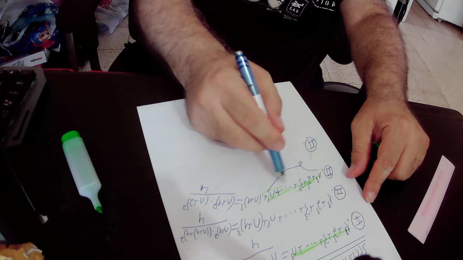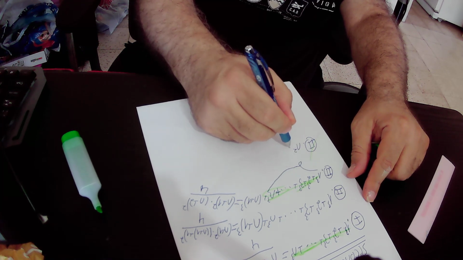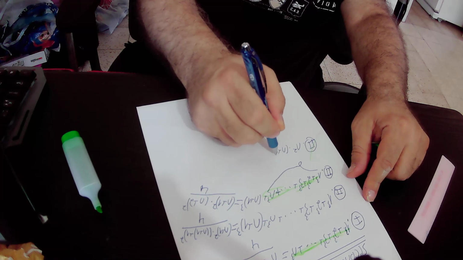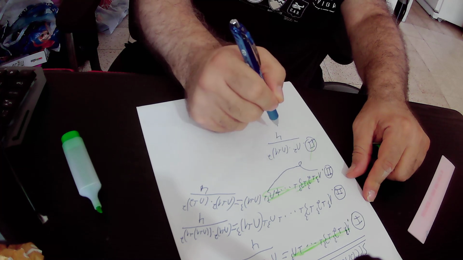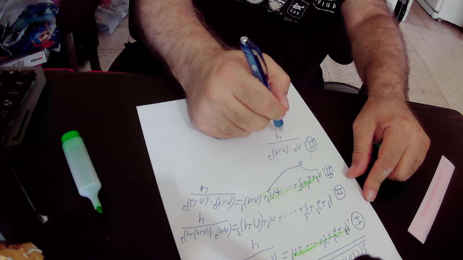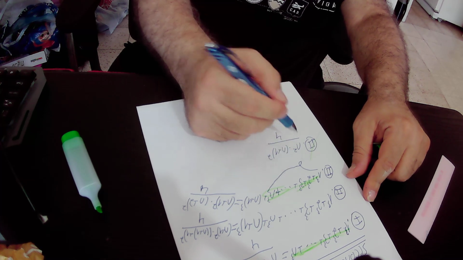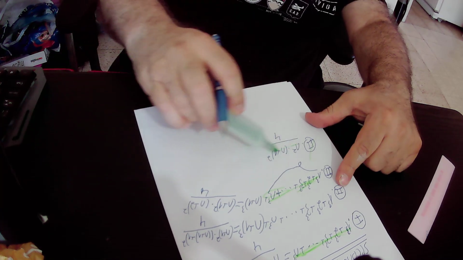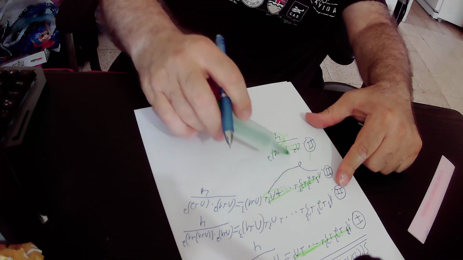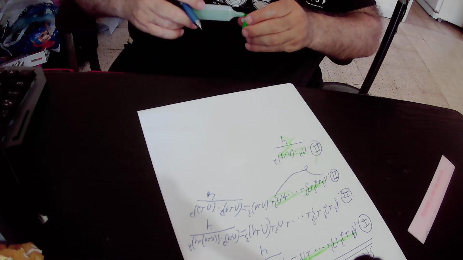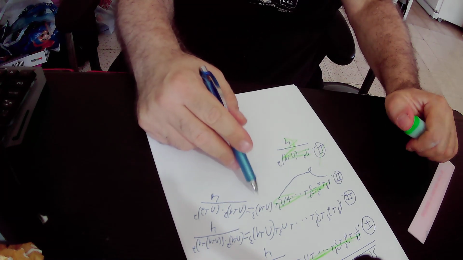So instead of this expression, we will write n squared times n plus 1 squared all divided by 4. These two expressions are equal to each other, and the rest we will copy as it is.